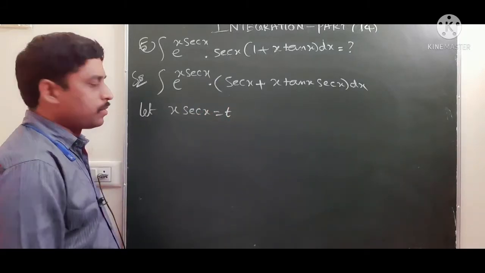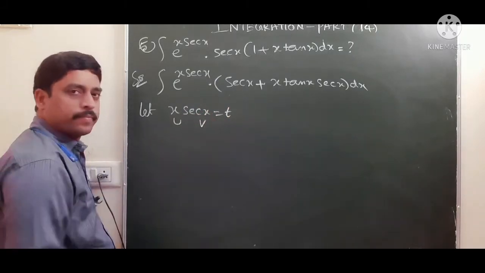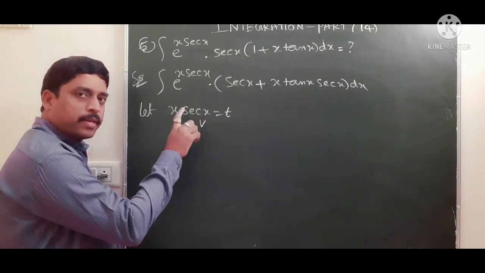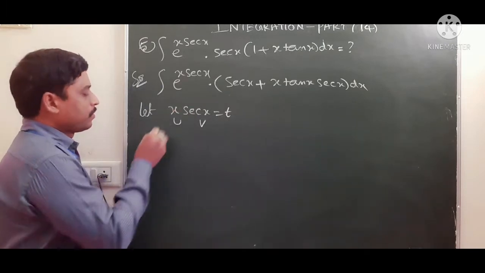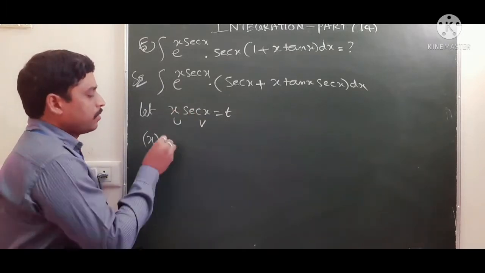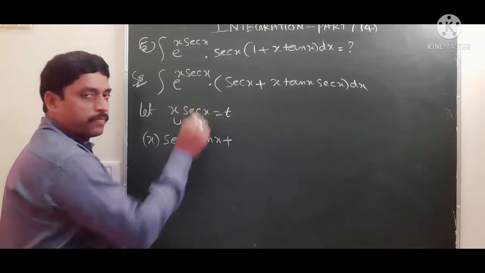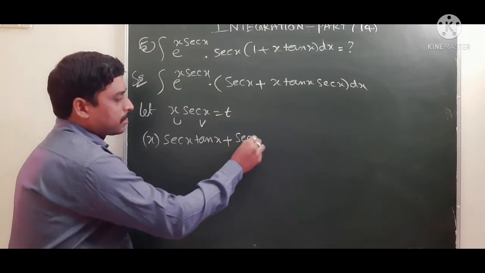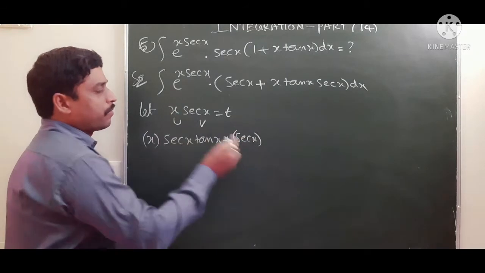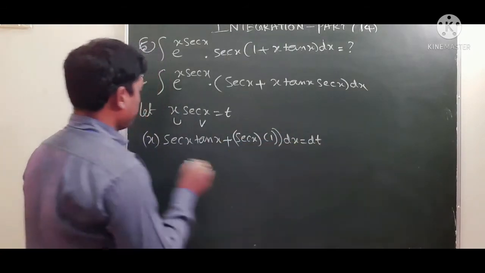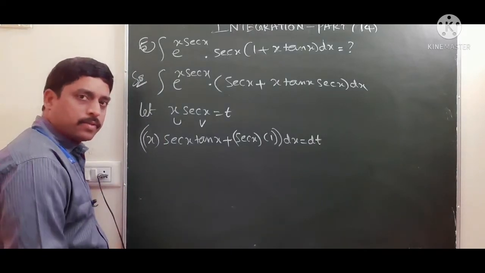Now take the derivative on both sides by using the uv formula. The uv formula is u into the derivative of v plus v into the derivative of u. So x into the derivative of secant x, secant x tan x, plus v, where v is secant x, secant x into the derivative of x, 1, dx is equal to dt. Is it okay?